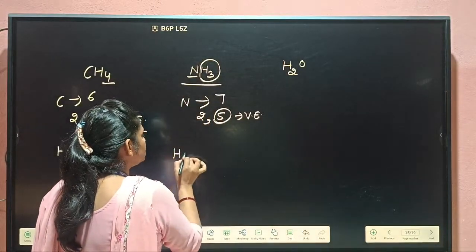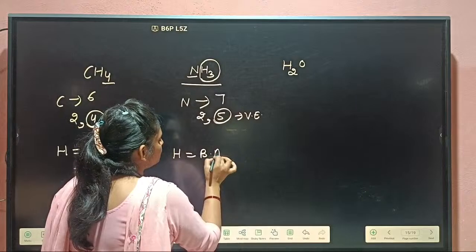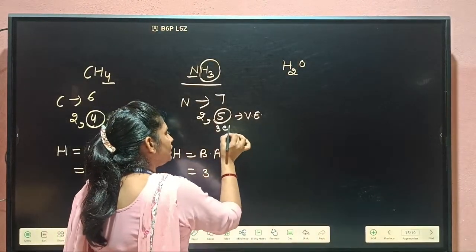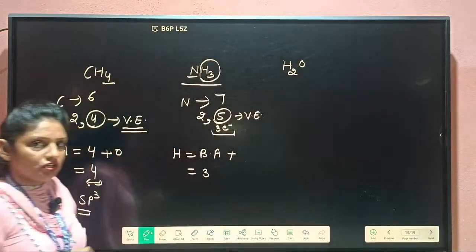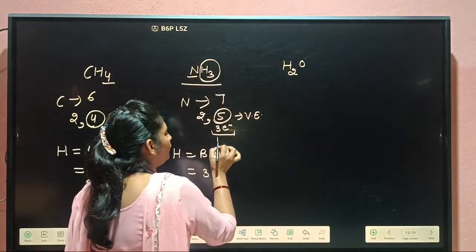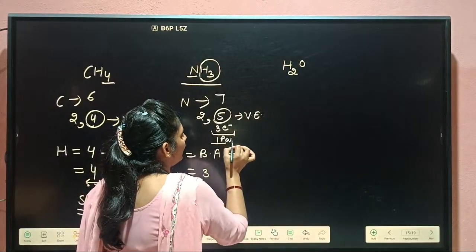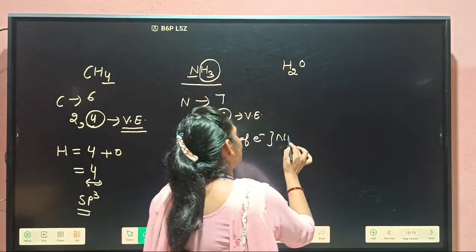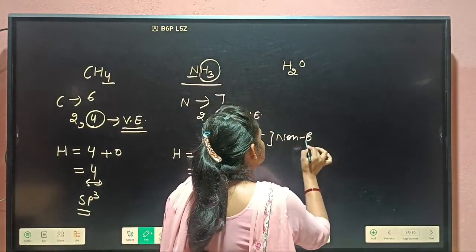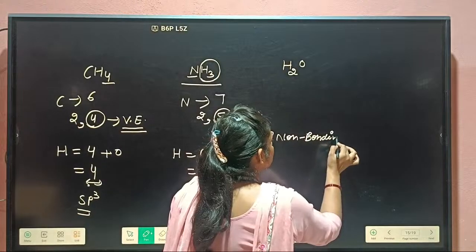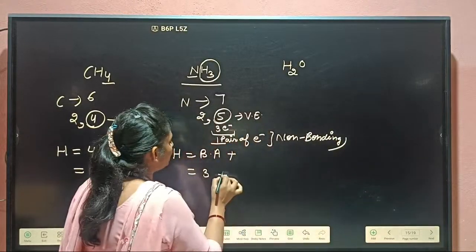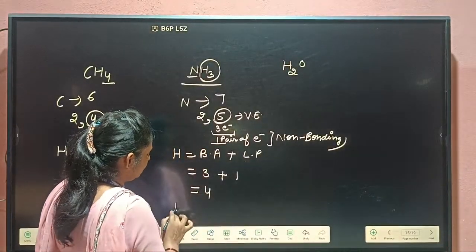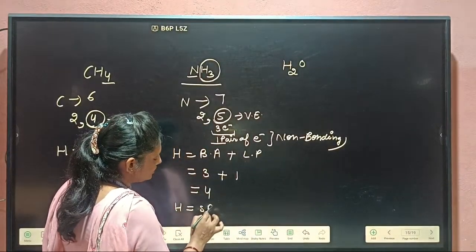Here bonded atoms are 3, which means 3 electrons are consumed in bond formation. One pair of electrons is non-bonding, known as the lone pair. So 1 lone pair here. So 3 plus 1 is 4, and hybridization will be sp3.